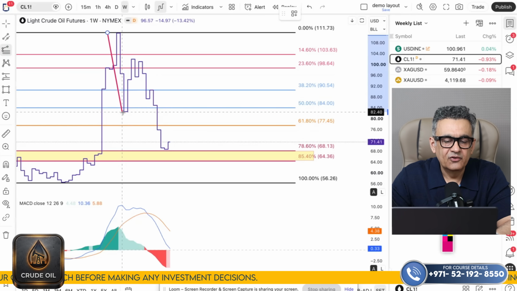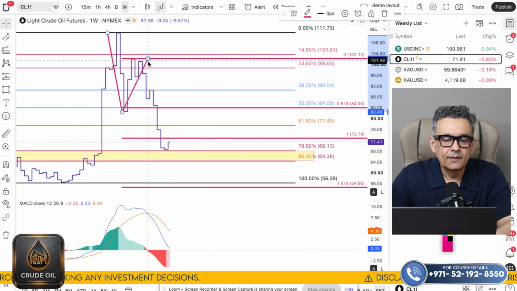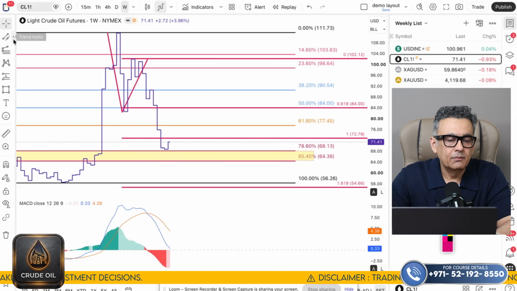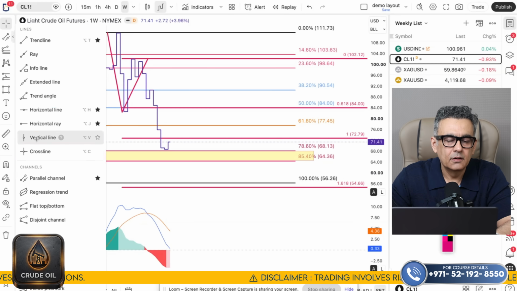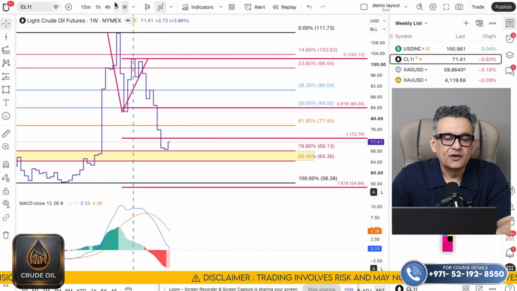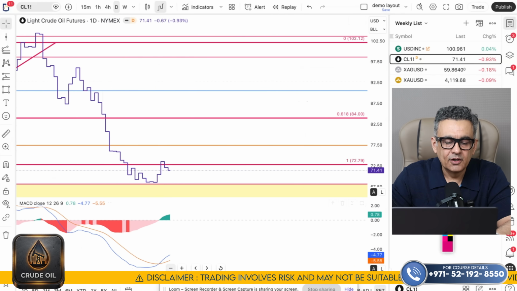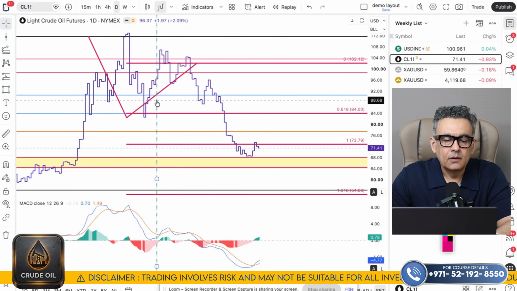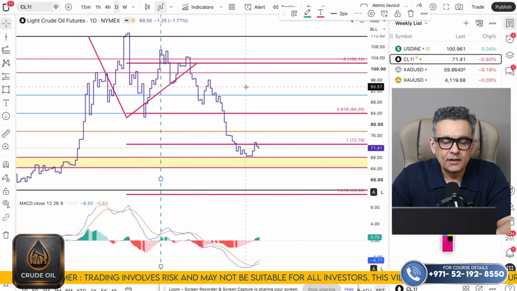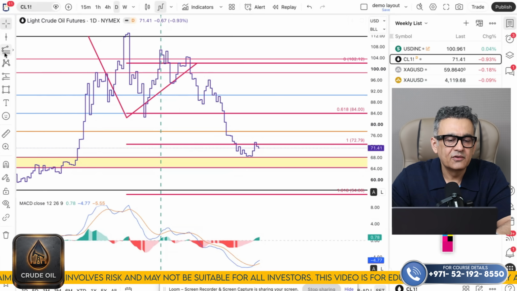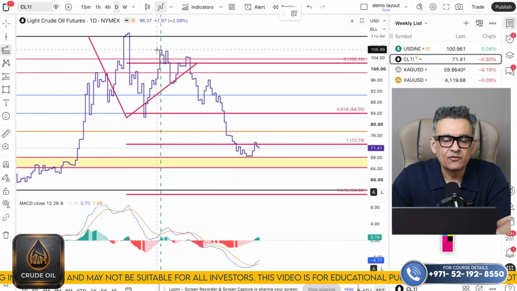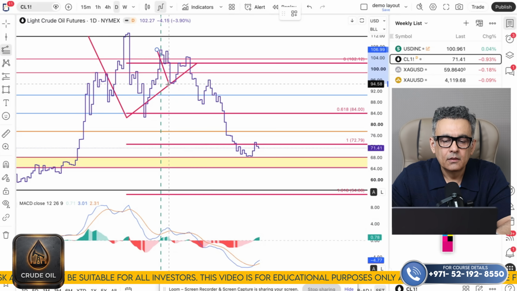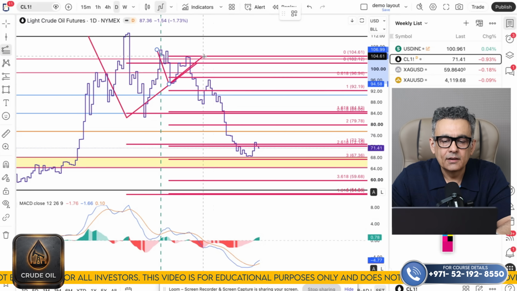This is the first downward extension added, and I'll be adding the vertical line here on the top. Now let's move to the daily chart. On the daily chart, we'll adjust the vertical line, and we can add one more extension in the downward direction starting from the vertical line. So here we can add another one.